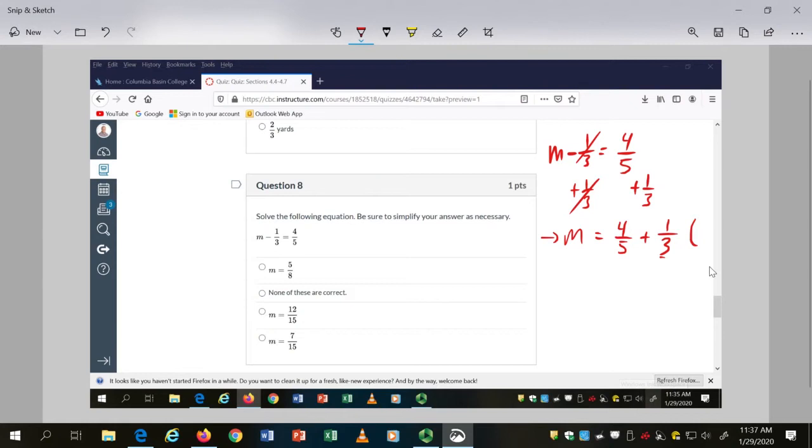So what's the least common denominator between 5 and 3? Yeah, so here the LCD is 15, right? So then this one, what's it going to need? It's going to need a 3/3, right? And what's this one going to need? This one's going to need a 5/5.